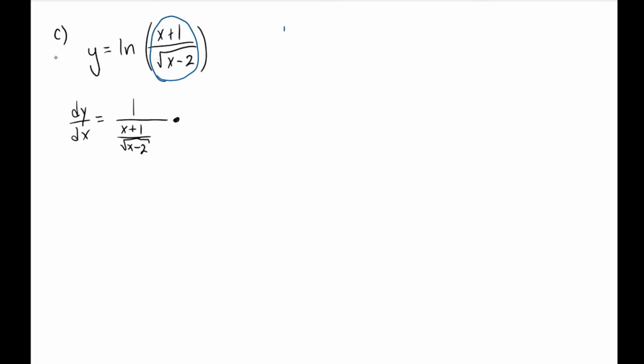And so I then start to say, okay, the top function is x plus 1. The bottom function is root x minus 2. If I go to start taking derivatives of those, the derivative of the top function is 1. The derivative of the bottom function is nowhere near as nice because it is 1 over 2 root x minus 2.